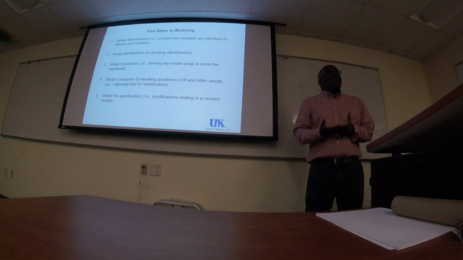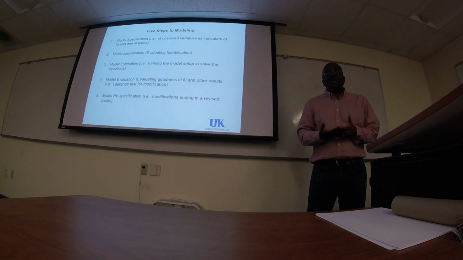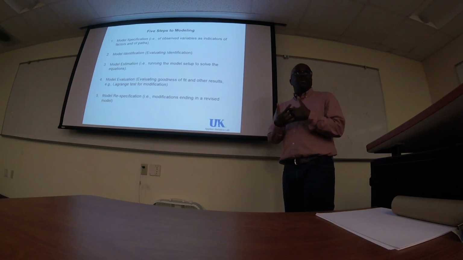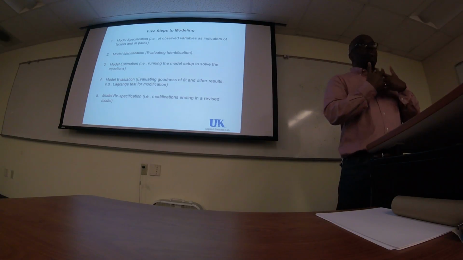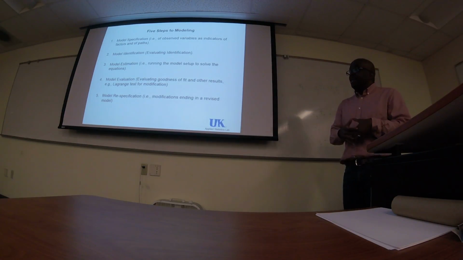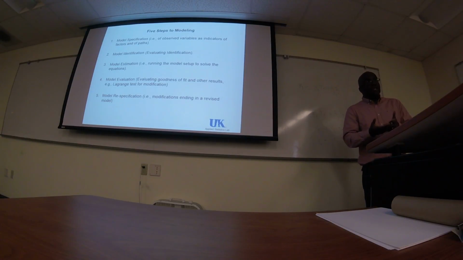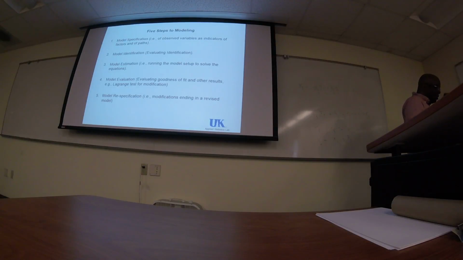There are things that you can do in the model, like eliminate some of the relationships, some of the errors, eliminate one of them, and see if the model improves. There is what we call model re-specification after you estimate the model, a way to improve the model.